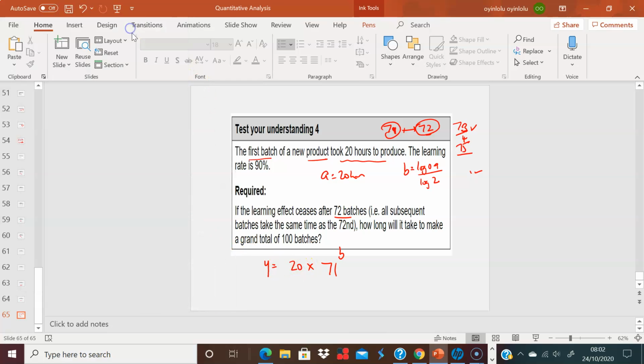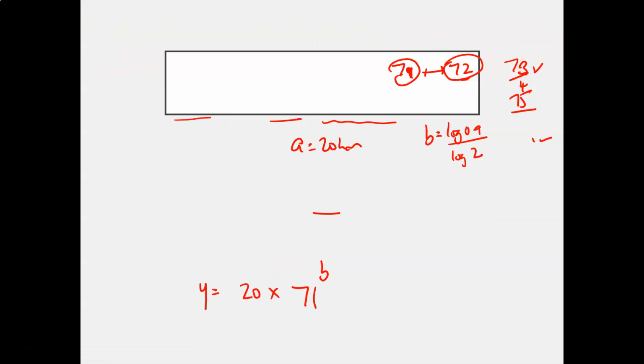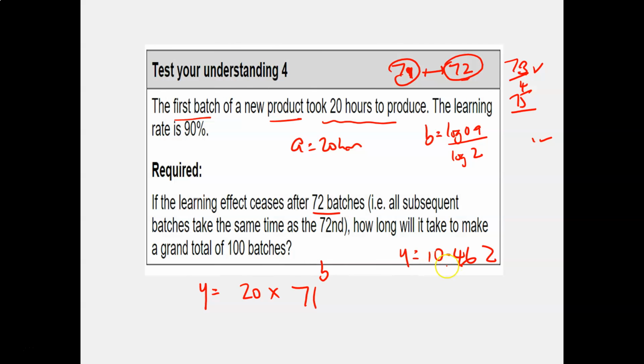So that means that y is equal to 10.462. Therefore, the total time for 71 units must be 10.462 times 71.